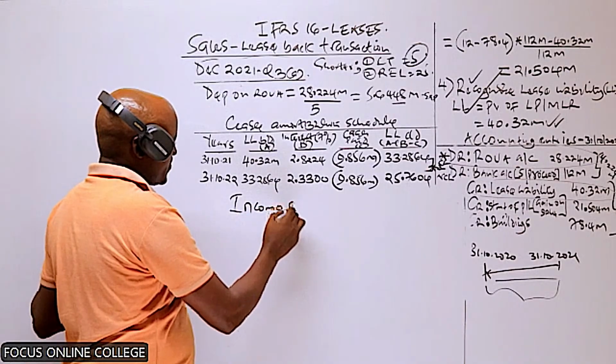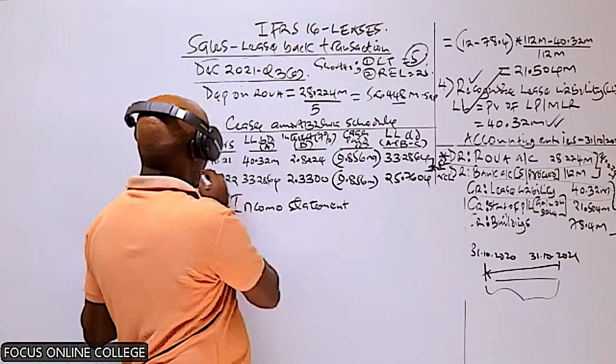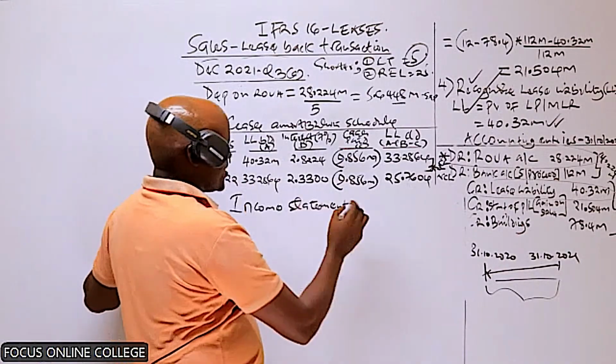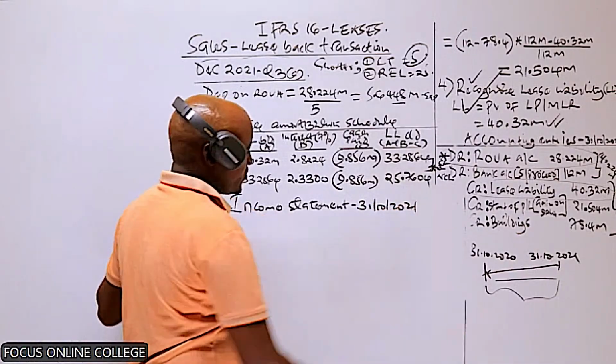I want us to start by preparing the income statement extract. Remember, we are preparing this only for 1 year, the year which ended 31st of October 2021.